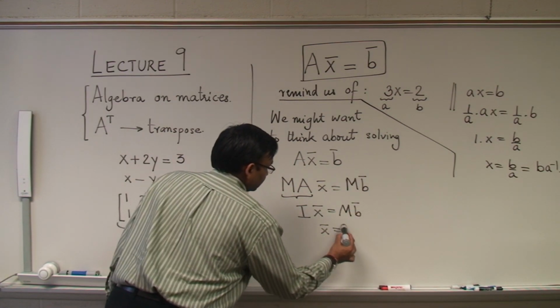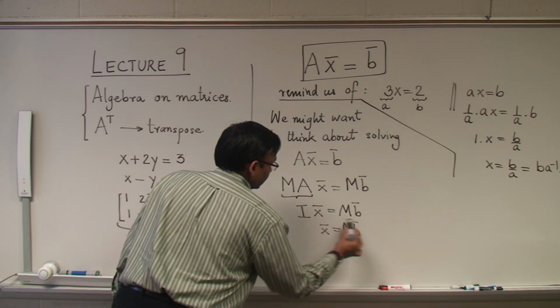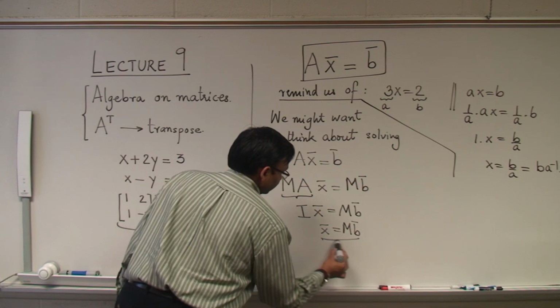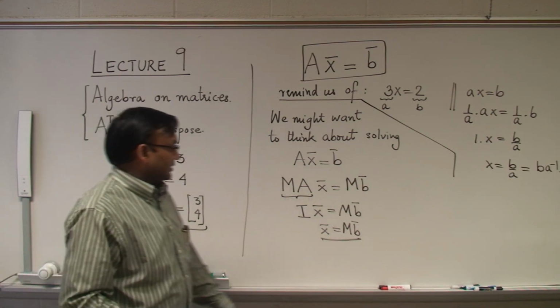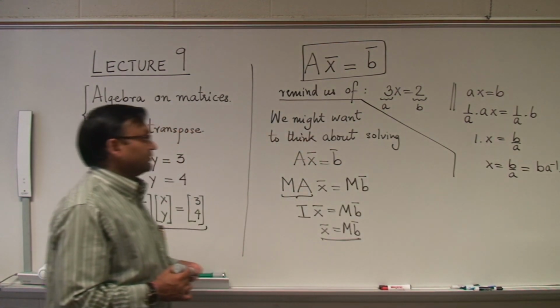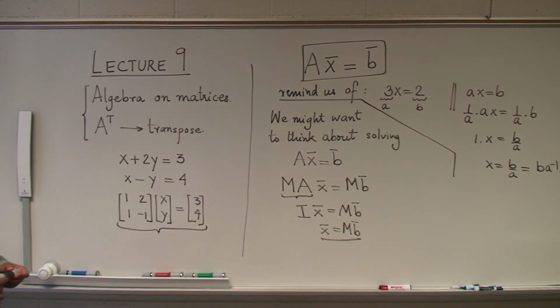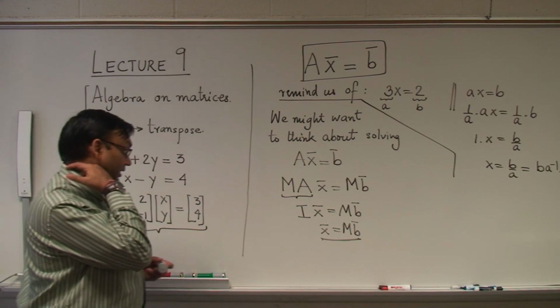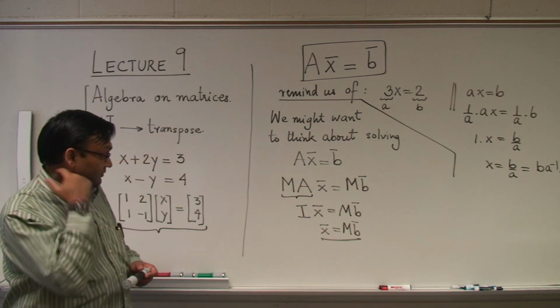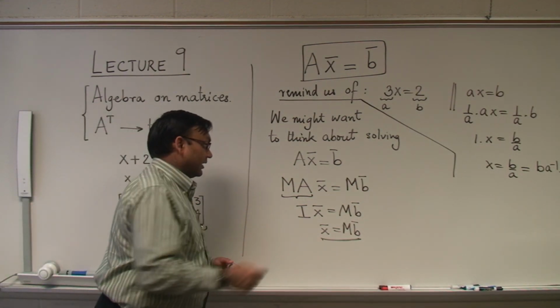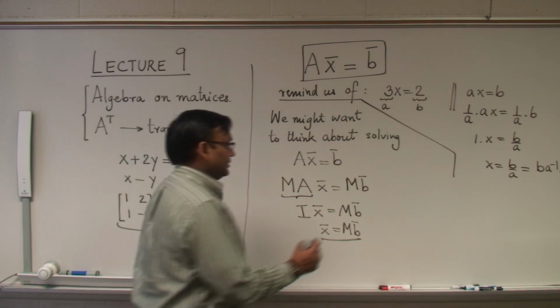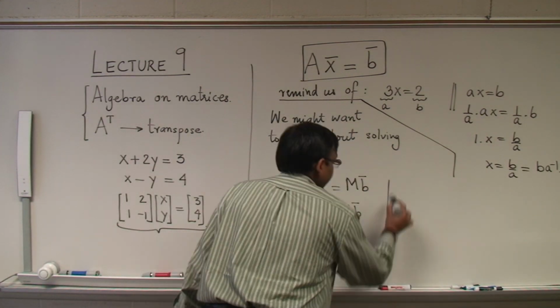If yes, then wouldn't you agree that we would be able to solve for x just pretty much like the way we solved for x in those kind of equations? So this is our hope or a strategy. Can we do something like this, in the sense, can we find such an M which can do all we want? So here is what we want to achieve.